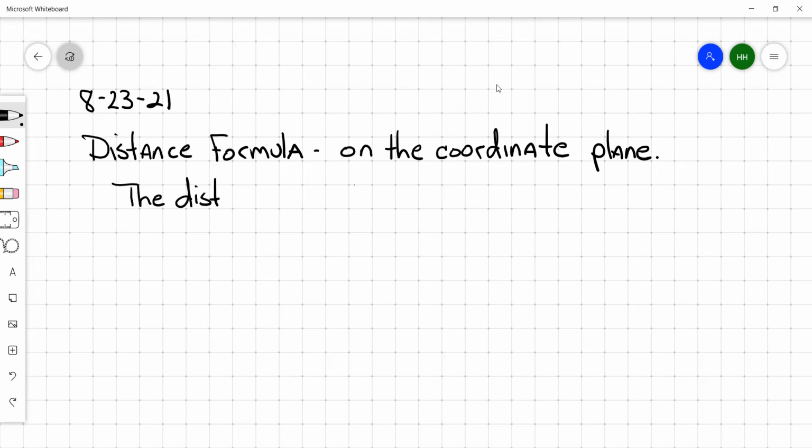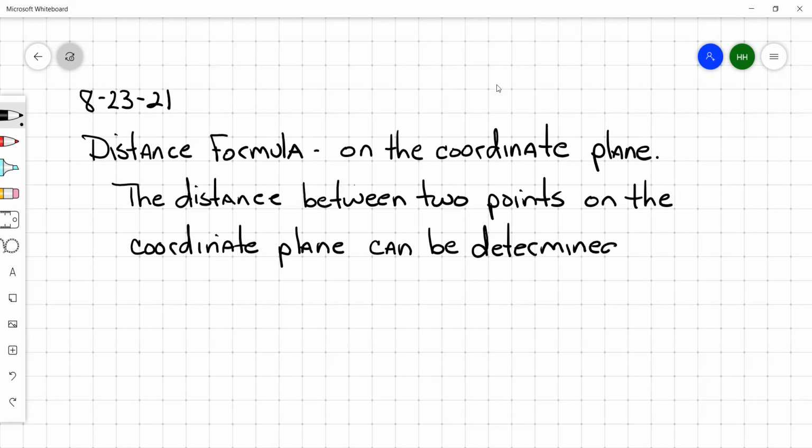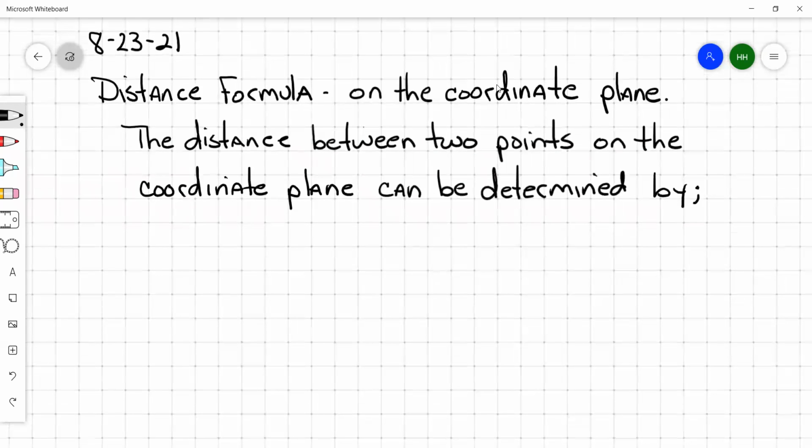Distance between 2 points on the coordinate plane can be determined by the distance formula.